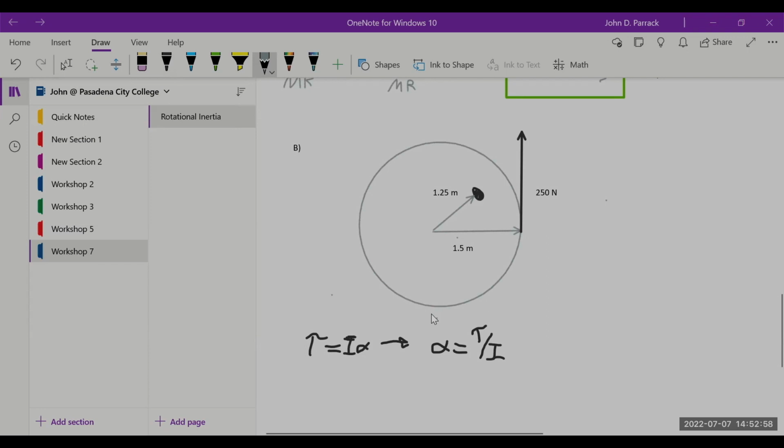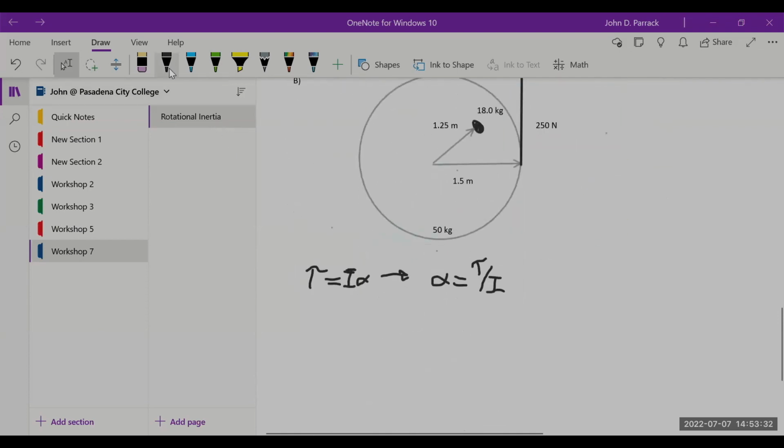So down here, we have that the mass of the merry-go-round is 50 kilograms. And then we also have a child's mass, and the child's mass was 18 kilograms. How are you going to find the rotational inertia? For the disk, we already found it.